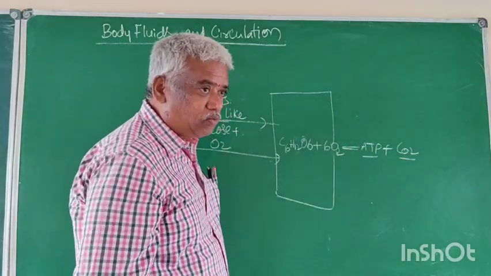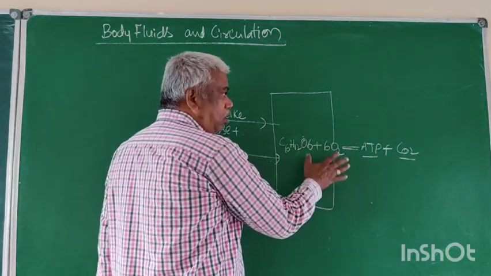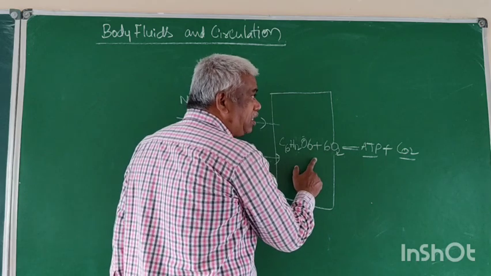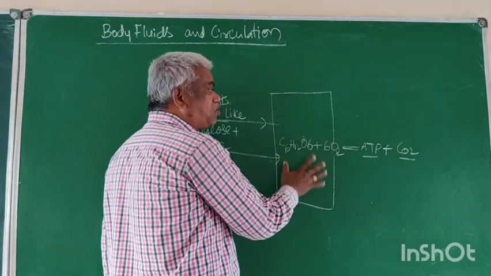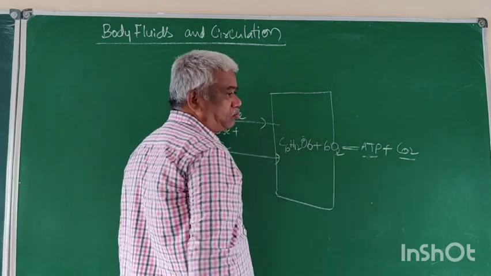That means this chemical equation must take place in the mitochondria for the production of energy.